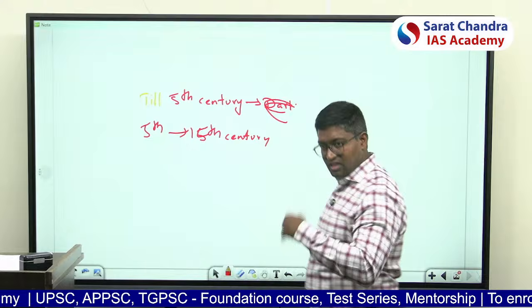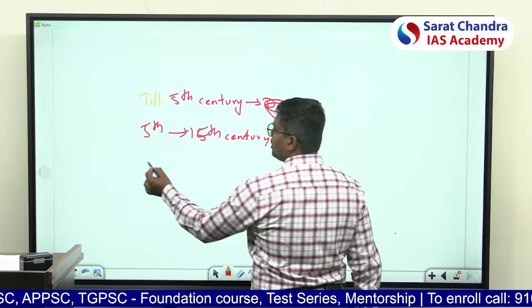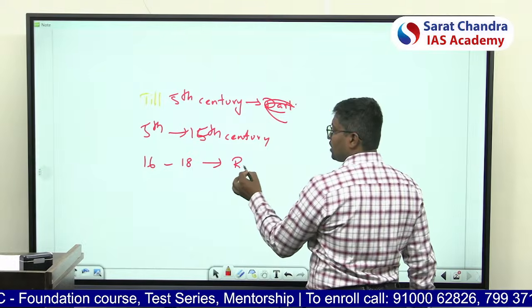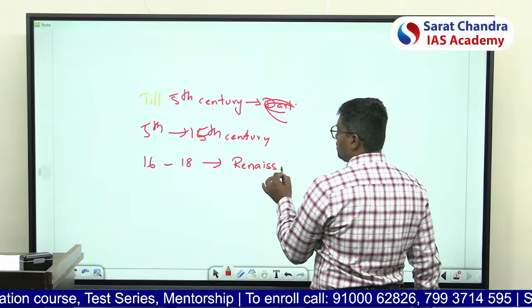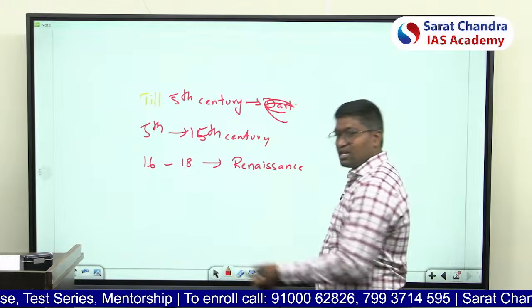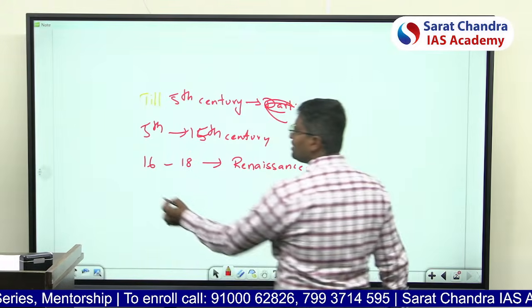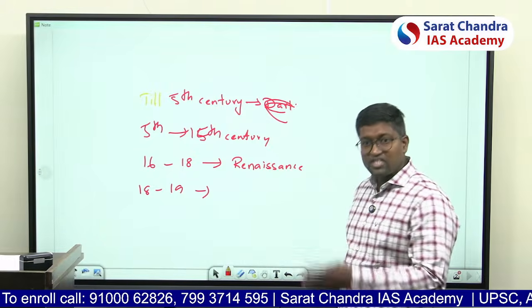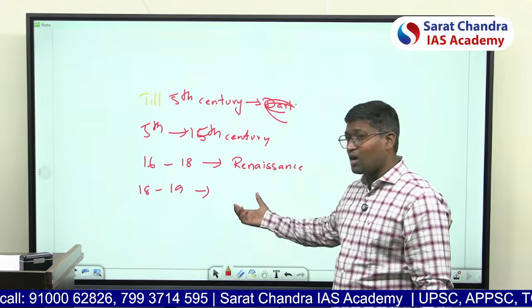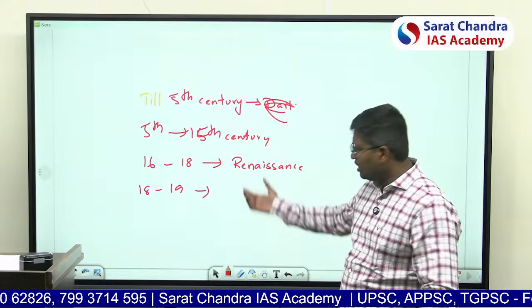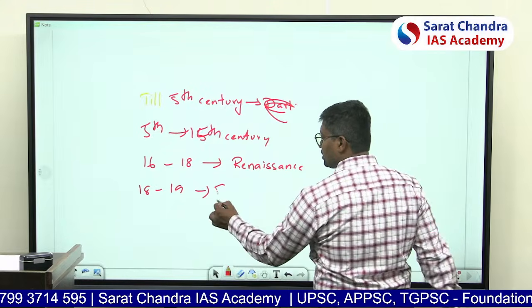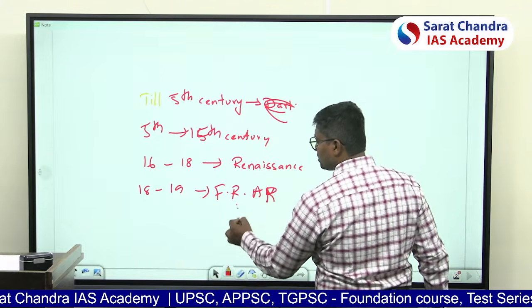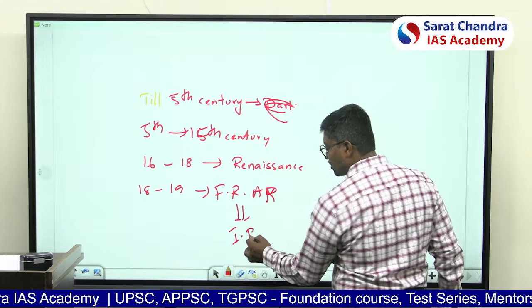Next, in the later centuries, you see the gradual emergence of the Renaissance. After that, in the 18th and 19th centuries, you see the emergence of the French Revolution and the American Revolution, and gradually this led to the Industrial Revolution.